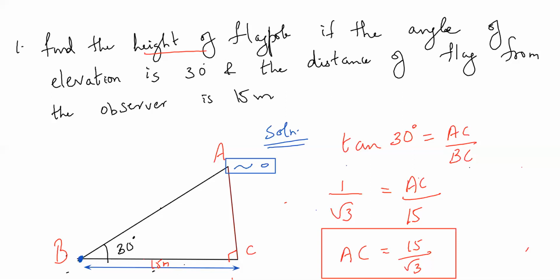So any doubt is there, please let me know. So in this question, if you want, you can rationalize also. Correct. How do you rationalize this thing? Multiply by root 3. Then the answer will become what? 5 root 3 respectively. That's all. If you want to rationalize.